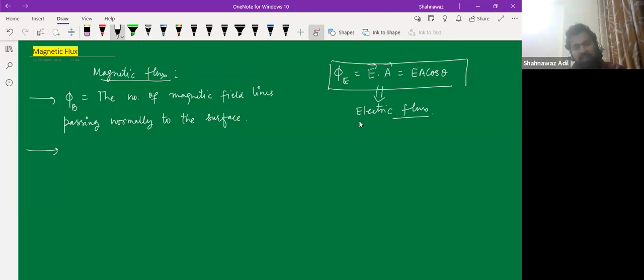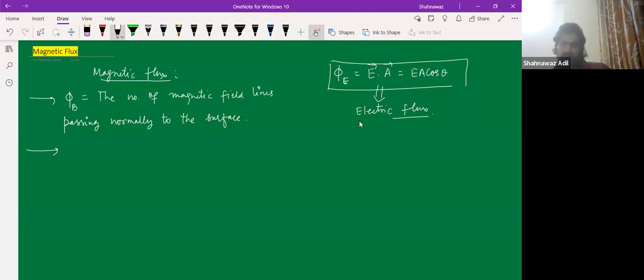What kind of quantity is this? Scalar or vector? Vector, right?